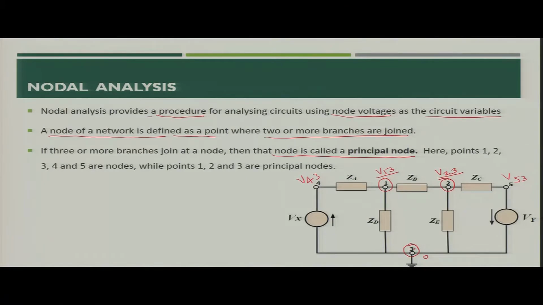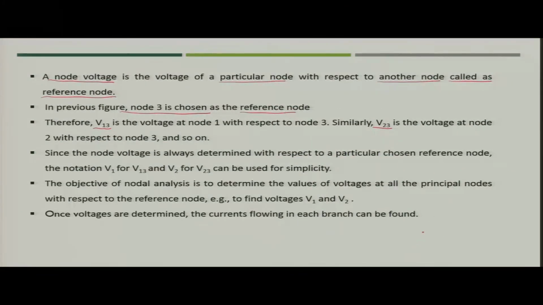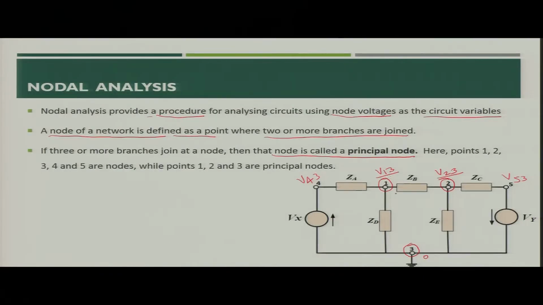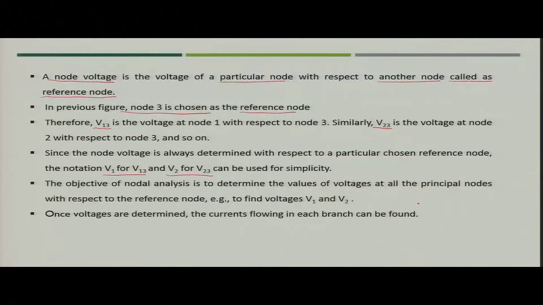Since we know that node 3 is the reference node, for simplicity we can write V1 in place of V13 and V2 in place of V23, because this is always with reference to the reference node. So V1 and V2 would be the node variables. Basically, we can say they are the circuit variables for this particular circuit.